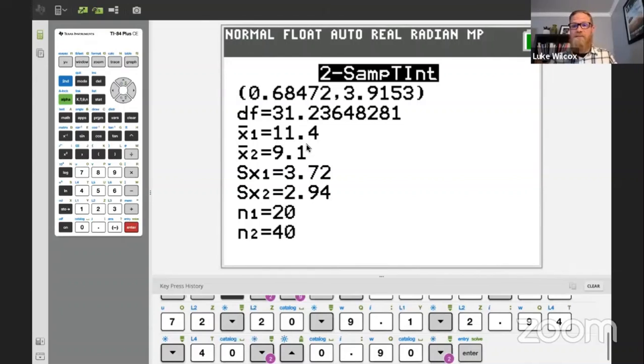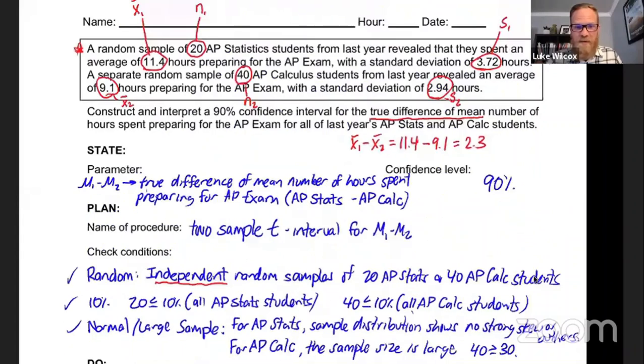The calculator has this big, long, fancy formula that it uses to find the actual degrees of freedom, which is going to change your interval just a little bit here. But for the most part, we had 0.65 to 3.95, very, very close. So let's go back to our activity, and let's at least record these values that we got from the calculator, just so that you have this in your notes here. It's a slightly different interval, okay?